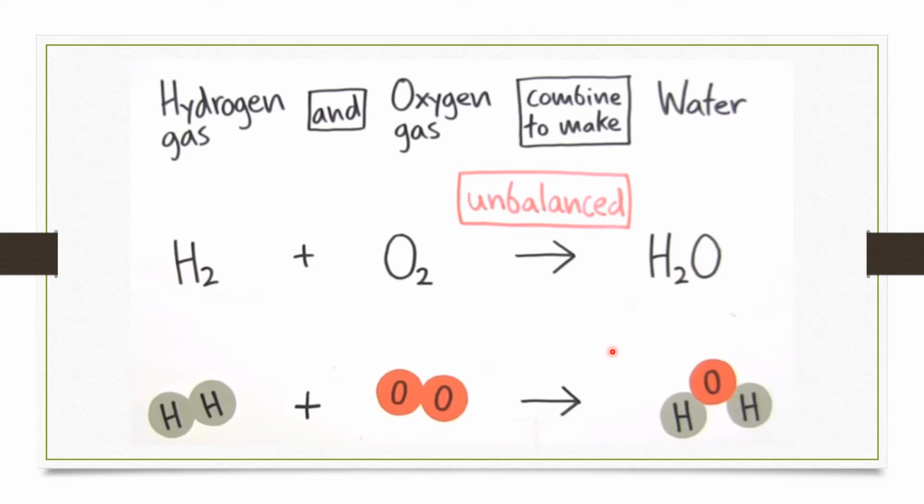To balance the equation, we need to increase the number of oxygen atoms on the product side. In order to do that, we should add 1 molecule of water on the product side.